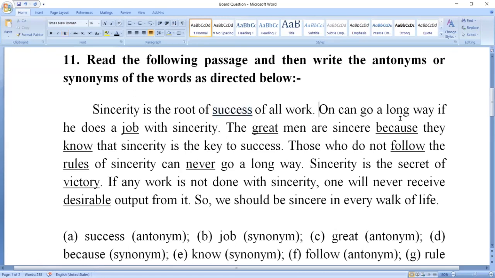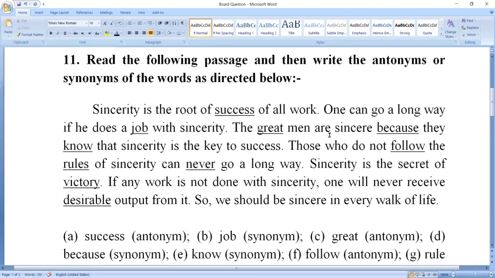Then one can go a long way if he does a job with sincerity. The sentence means that if you do any work or any task sincerely, you can go a long way. Great men are sincere because they know that sincerity is the key to success.